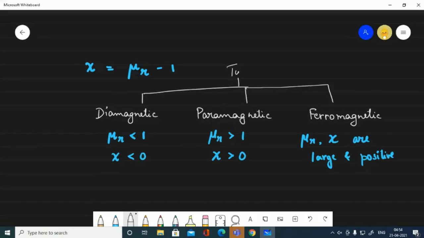So these are types of magnetic material or types of magnetism. As can be seen from the values of relative permeability mu r and susceptibility chi, both dia and para magnetism are weak forms of magnetism, whereas ferromagnetism is strong.